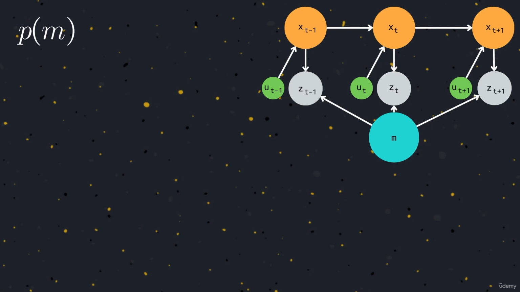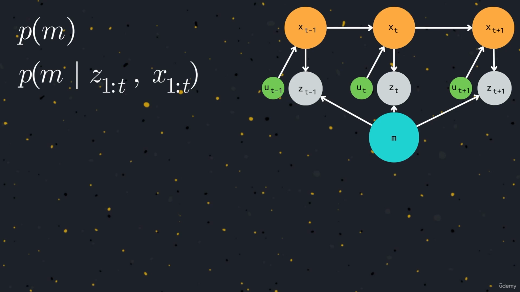The probability associated with this map is determined by how the robot has moved over time, thus from all the poses of the robot over time, the variable x1 to t, and from all the measurements that the LiDAR has collected over time, the variable z1 to t.